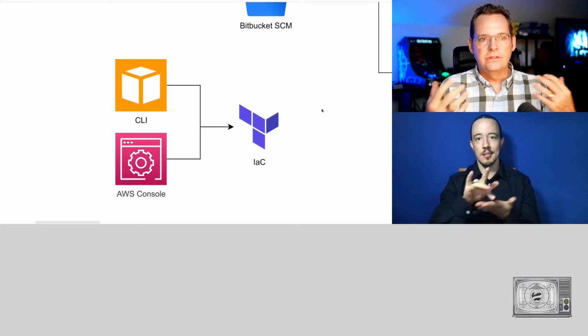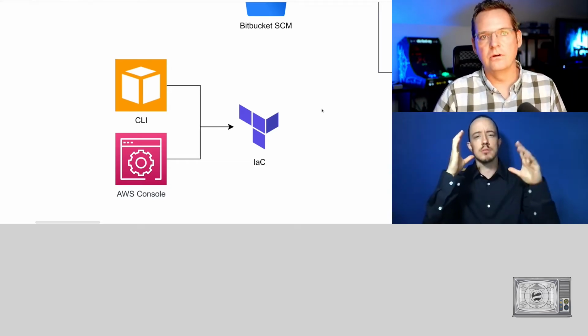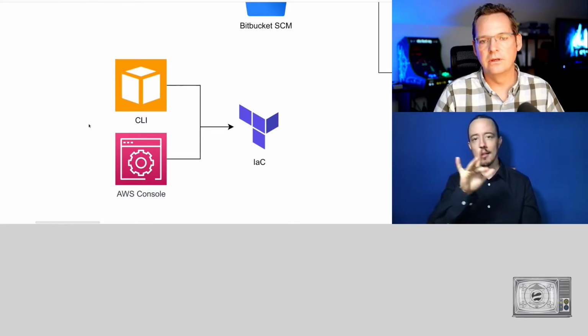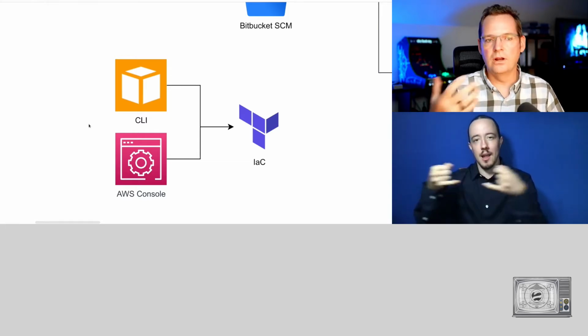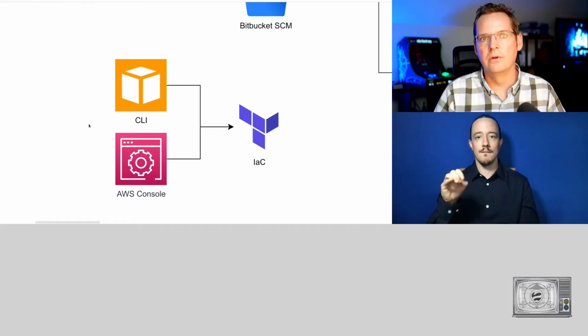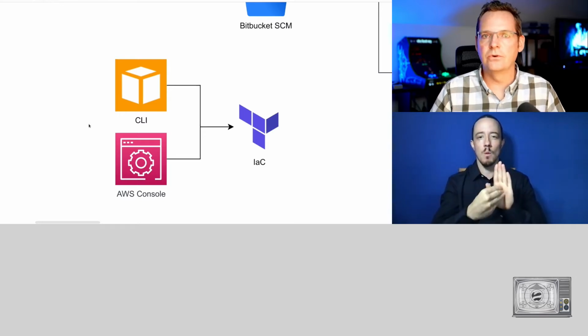You may start building and sketching out some of the infrastructure using the AWS console, but no one likes clicking through a web UI, and no one likes completely building with the command line tools either for building out all of your tooling. So this is where Terraform comes in, and we leverage infrastructure as code using Terraform to model out the whole infrastructure for each of our environments.